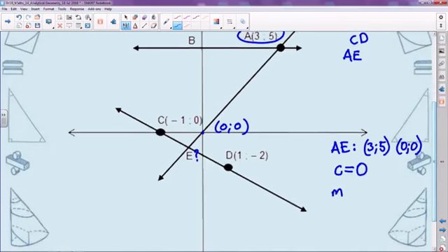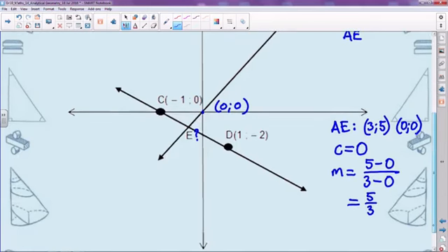Well, our gradient is equal to the change in y, so that's 5 minus 0, over the change in x, which is 3 minus 0, which gives us a gradient of 5 over 3. So what is the equation of AE? It's going to be y equals 5 over 3 x plus 0, which is nothing.